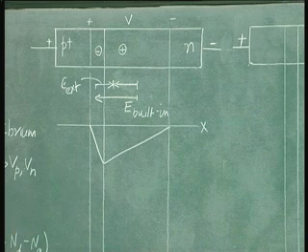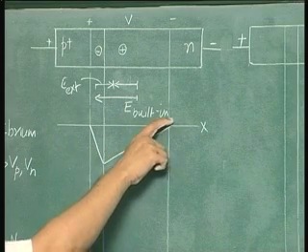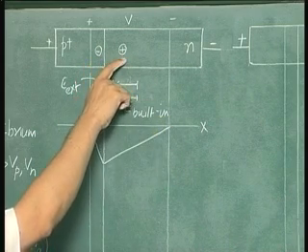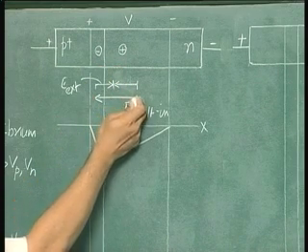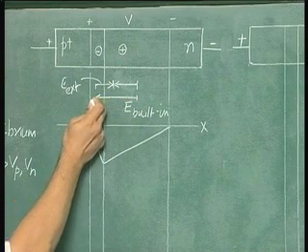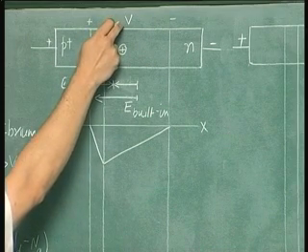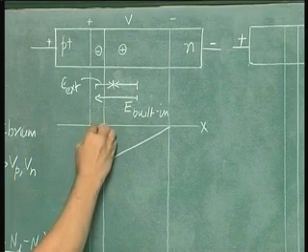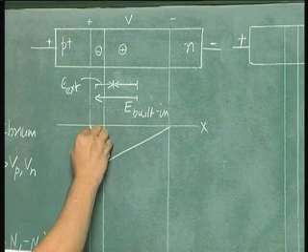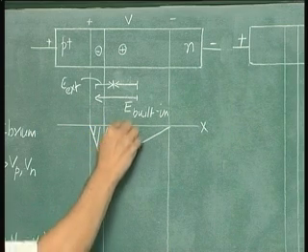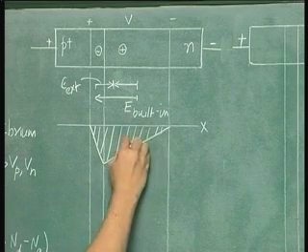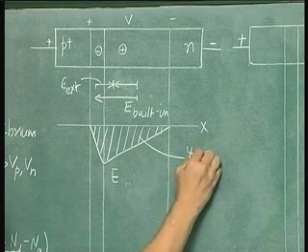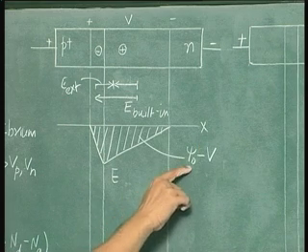This is logical because now the voltage drop across the space charge layer would be the built-in voltage drop which was there under equilibrium conditions, that is psi naught, minus the externally applied voltage, that is V. So the area under this picture, the field picture, so this is E versus X, this area is psi naught minus V. It was psi naught under equilibrium conditions.